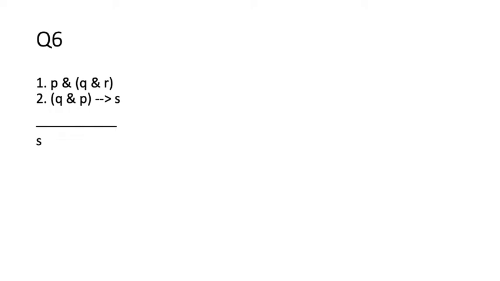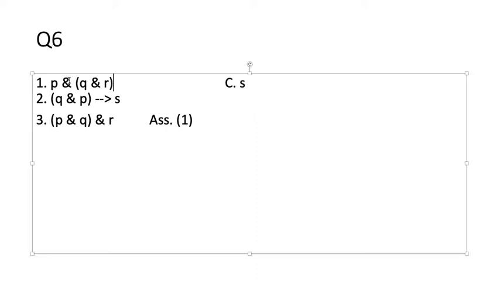Question number 6. What are we going to do here? I think what I'm going to do is associativity on line 1. Associativity, remember, enables me to change where the brackets are when I have a conjunction and one of the conjuncts, in this example the right conjunct that I'm highlighting, is itself a conjunction.